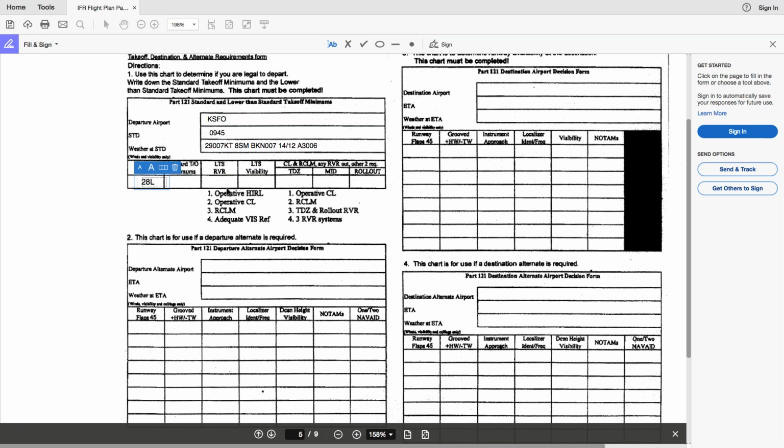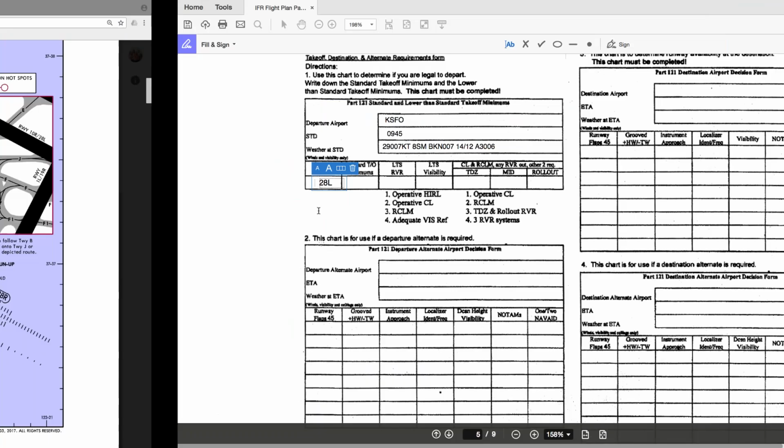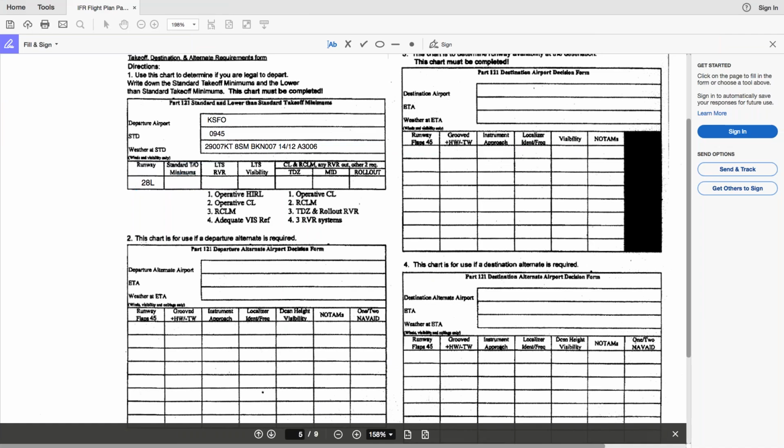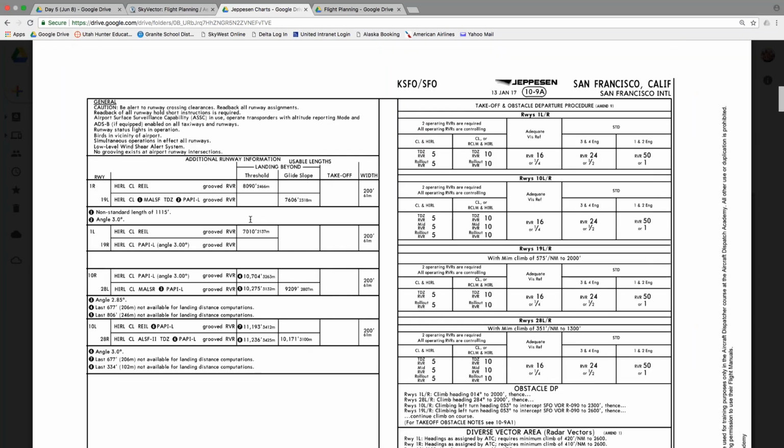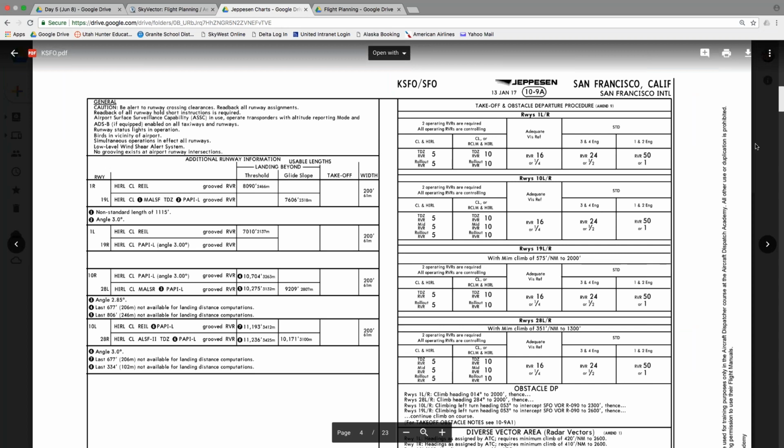Okay. Takeoff minimums. So this first box is asking for standard takeoff minimums. My standard takeoff minimums for runway 28 left, 28 right. Standard 1 and 2 engines.